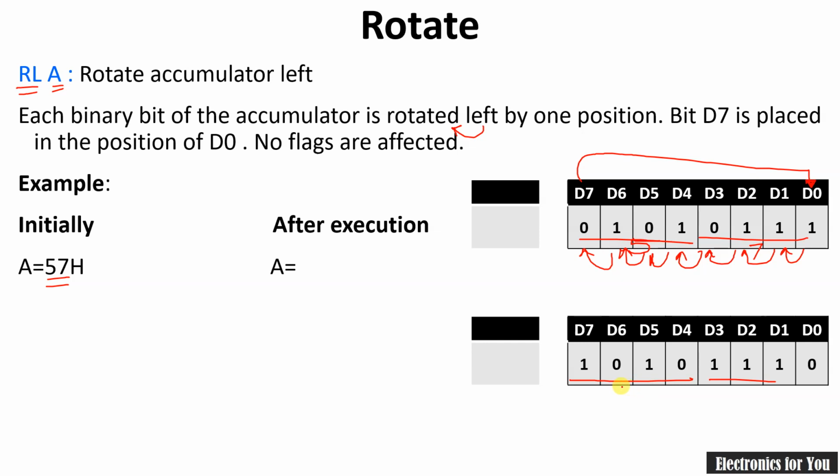Therefore, overall, you will get the result as 8 plus 2, that is A, and this is E. So the result after this execution will be AE. No flags are affected in this instruction. This is the rotate left instruction.